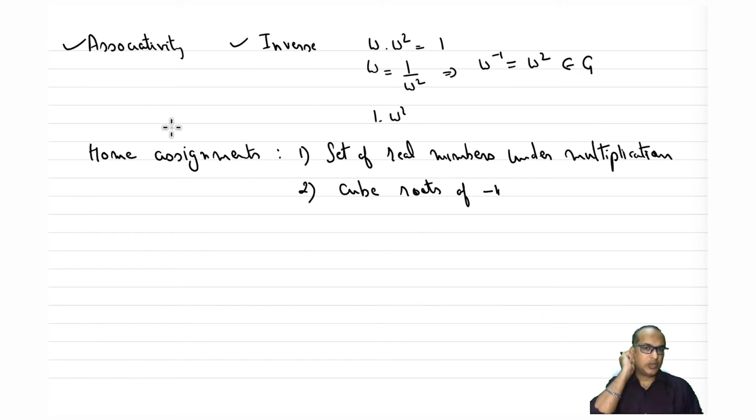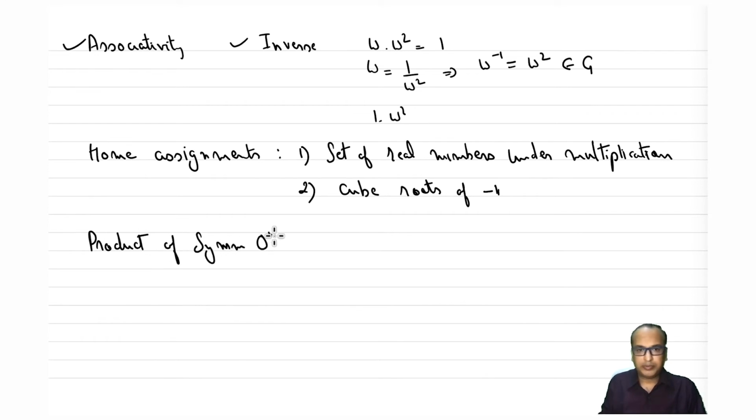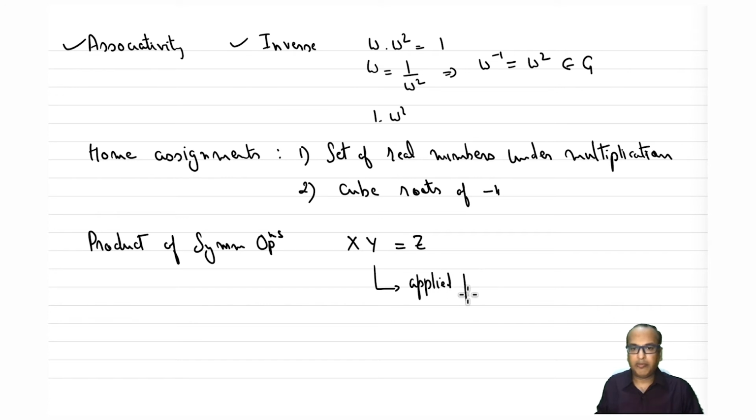Now let's also recall some other properties. We have also discussed the product of symmetry operations. Remember that if we say x into y equals z, this operation y is applied first and this operation x is applied second, and this is the resultant.